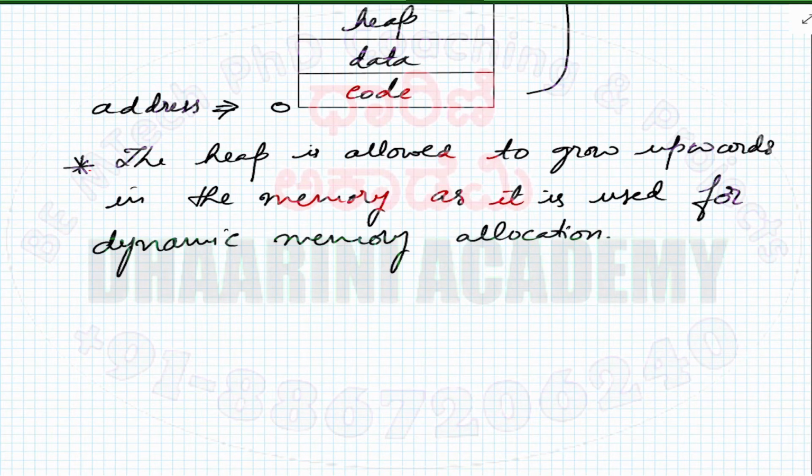Since we are dynamically allocating the memory, we have to allow it to grow in some sense. So for heap memory we are allowing it to grow upwards. Similarly, we allow the stack to grow down, because one moves upwards, the other has to move downward. Both of them we cannot fix the size.